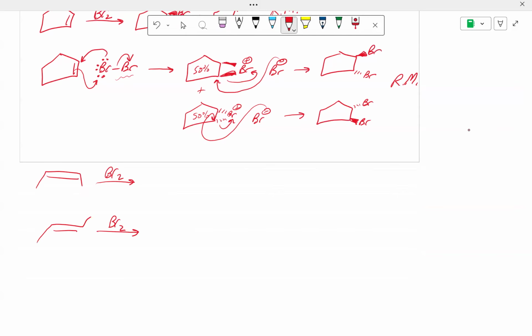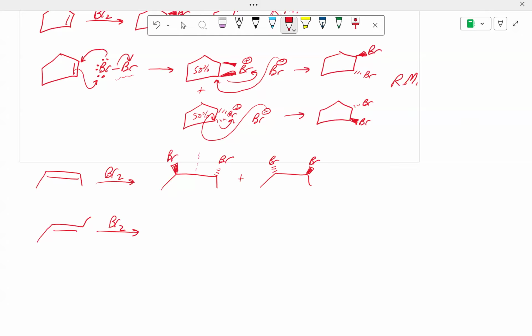All right, so I'm going to add bromine to this alkene. I know that one bromine should be going up and the other should be going down. And I'll get the opposite. I should get the enantiomer. But like I said, when I've added the same group to an alkene and there's this possibility of symmetry, I need to ask myself, are these symmetrical?